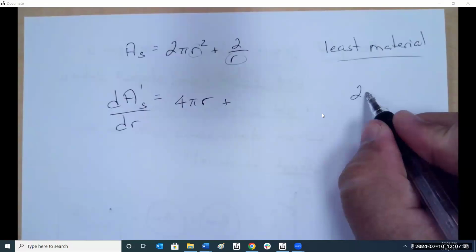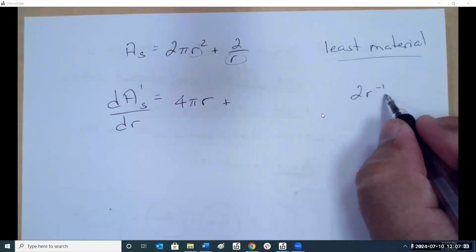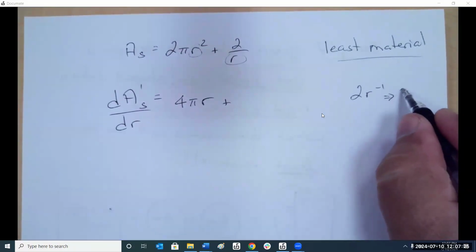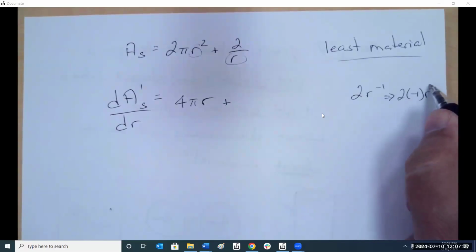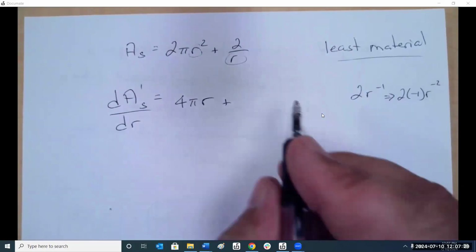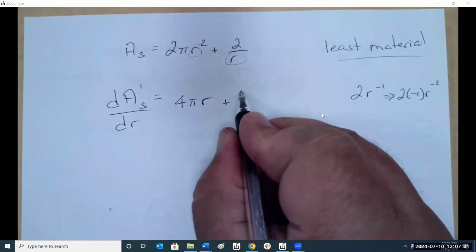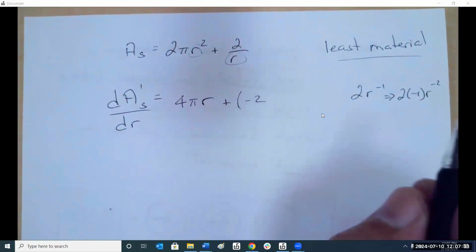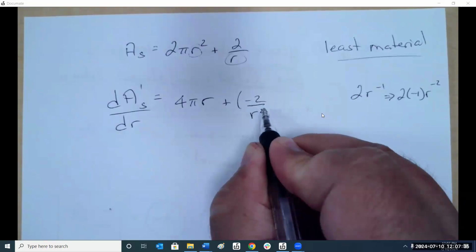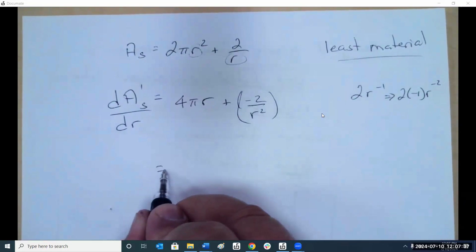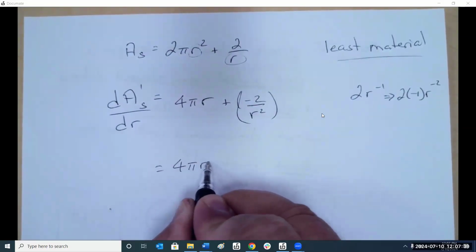Then we have 2r to the power -1. The derivative of that is -1 times 2 r to the -2, so we get -2 over r squared.